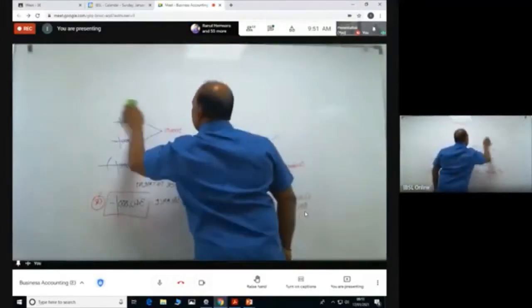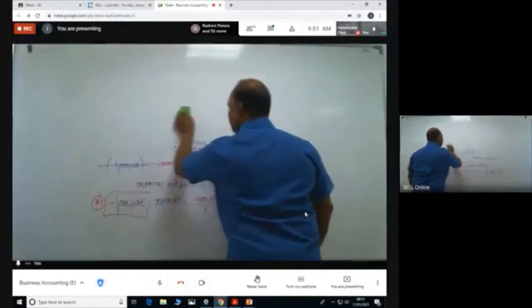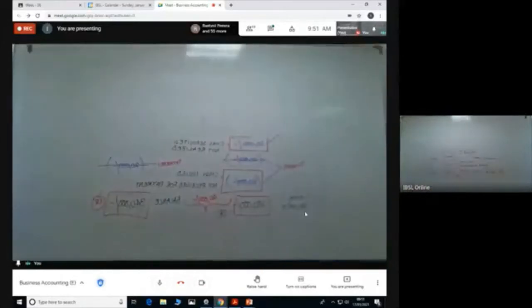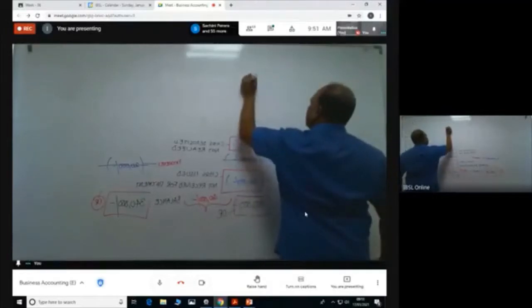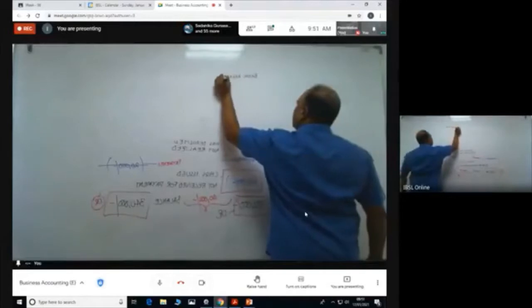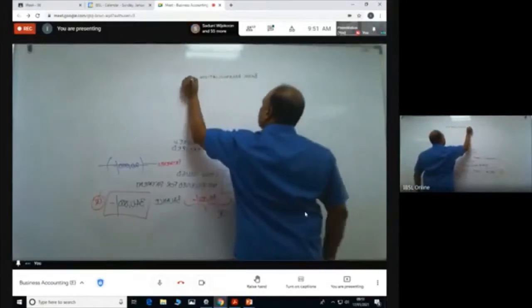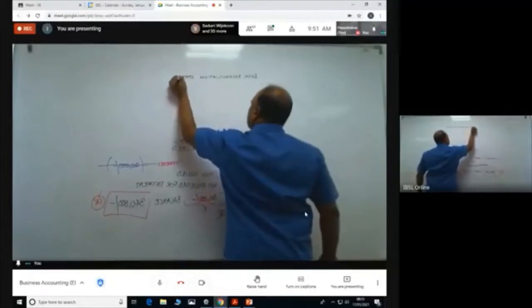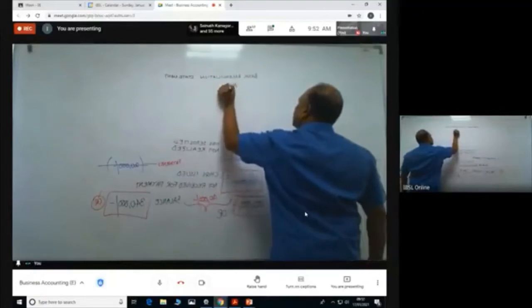We'll erase only this part so that I'll keep the remaining. So the standard template I have given is for the bank reconciliation statement. You will say bank reconciliation statement. Then you will say as at. Okay.